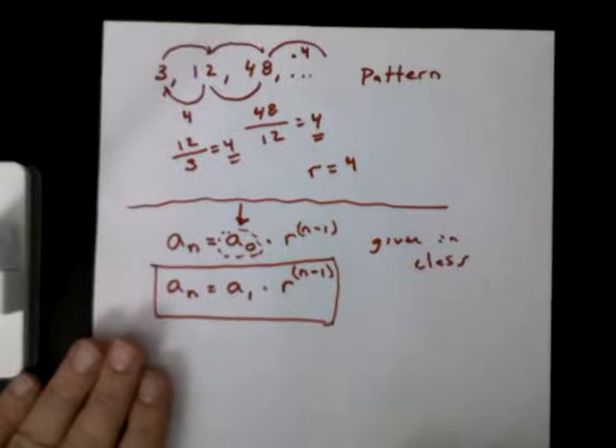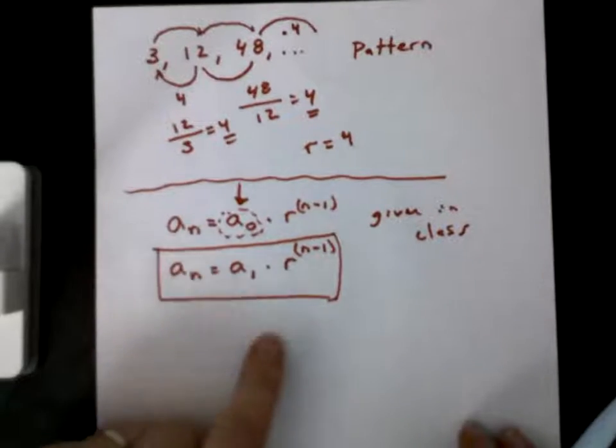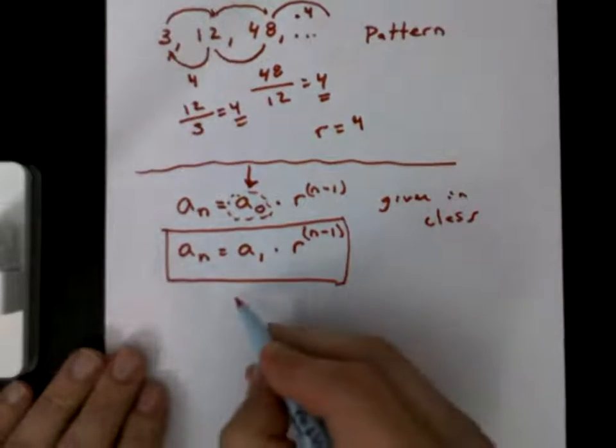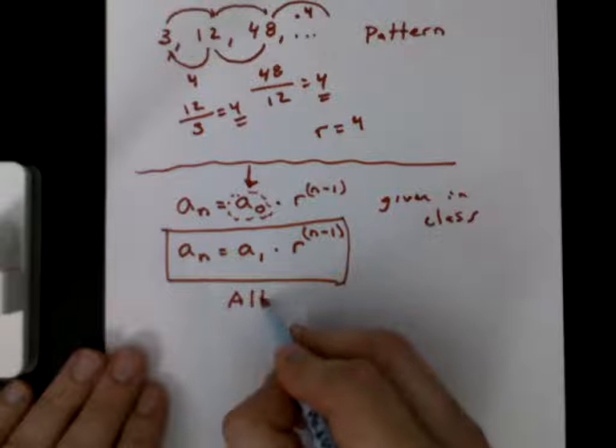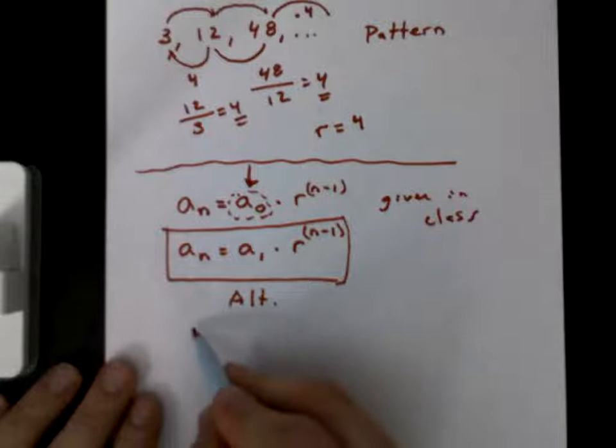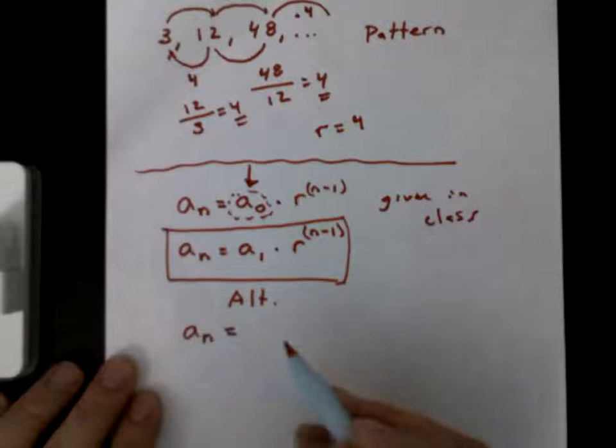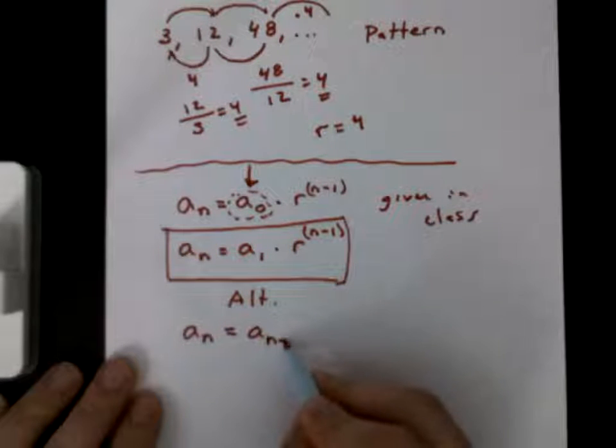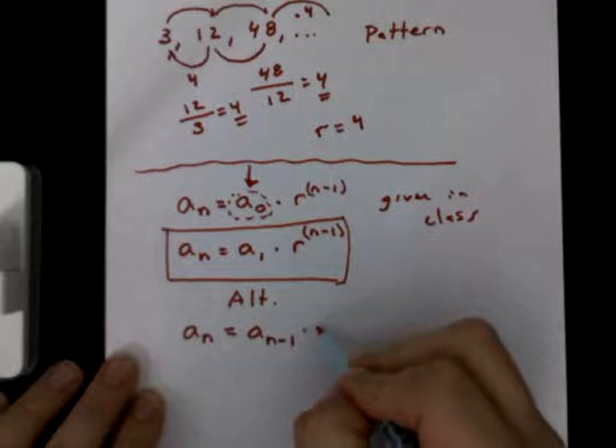There is one more alternate of this. You can also use something like this: a sub n equals a sub n minus 1 times r.